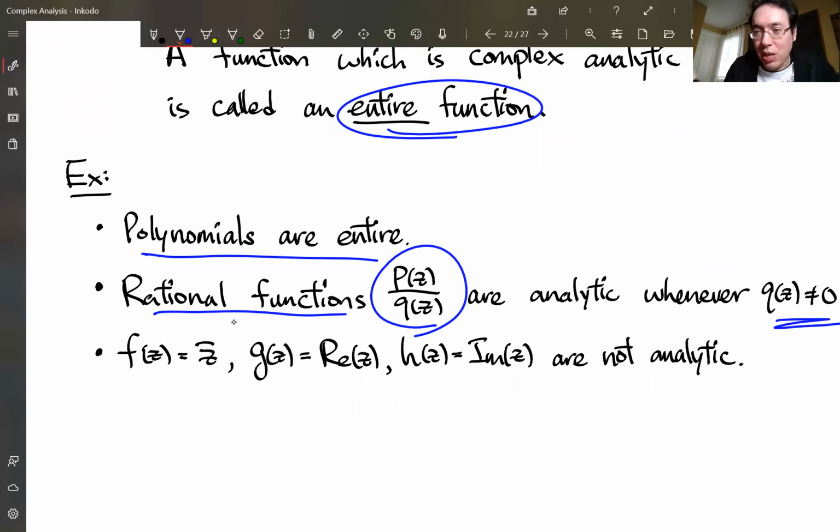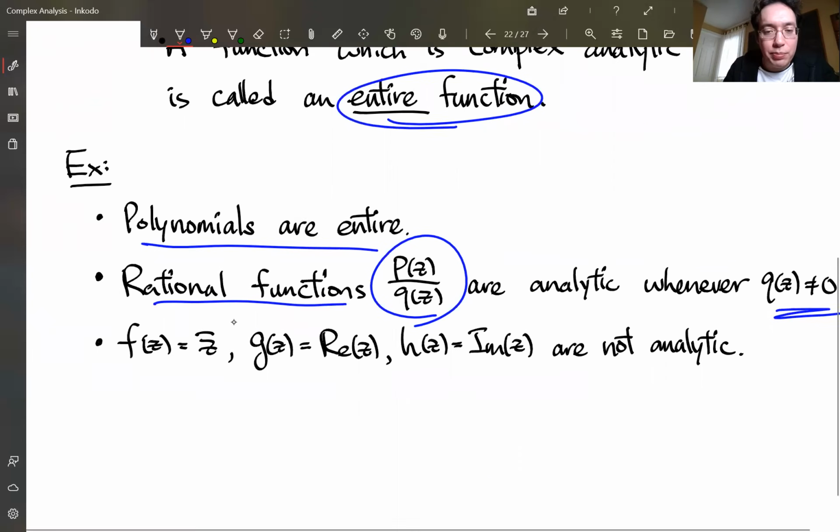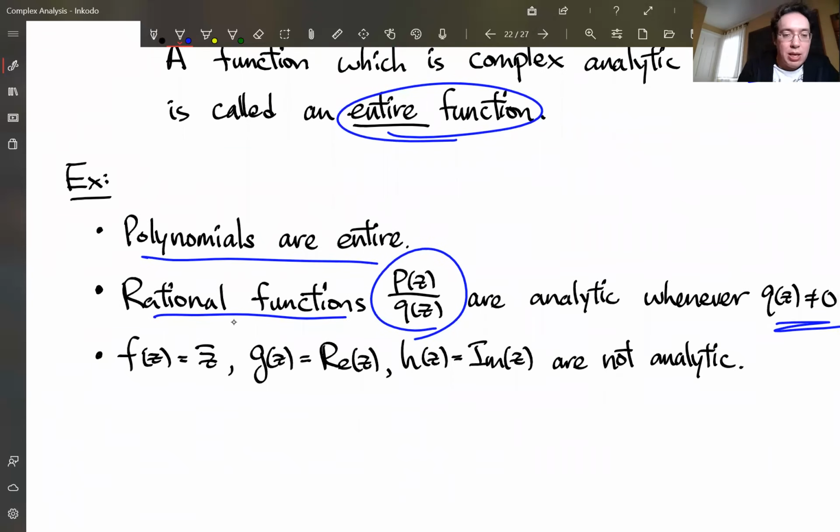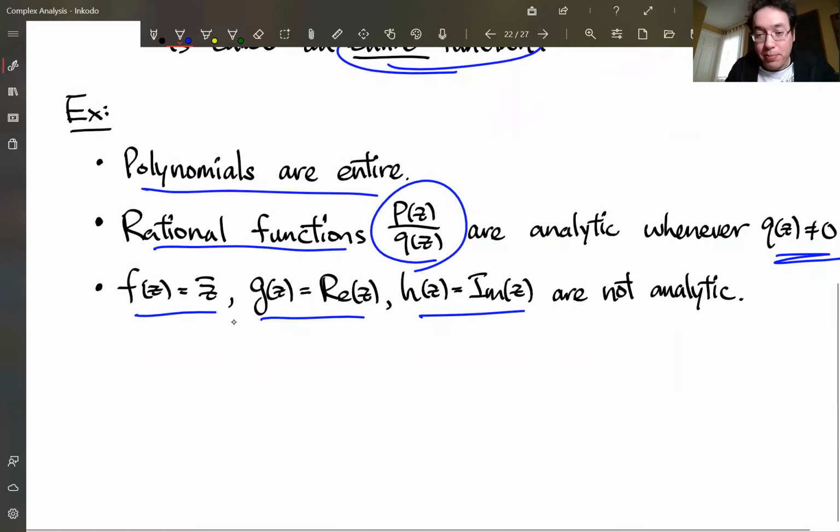So as long as you throw those points outside of the domain, we have an analytic function there. And a lot of the functions that we introduced in the complex setting are not analytic. The complex conjugate function, the real part function, and for the same reason, the imaginary part function, they are all not analytic.